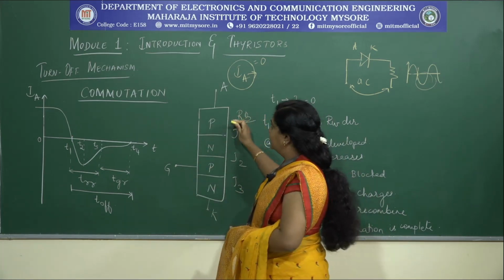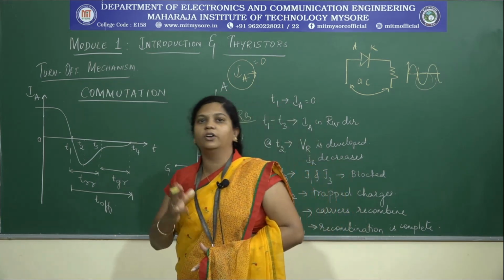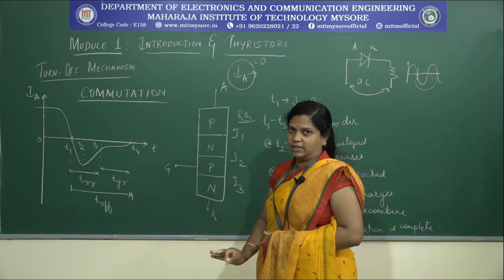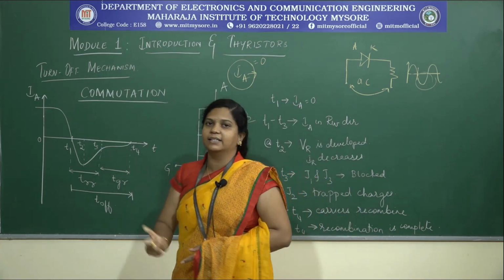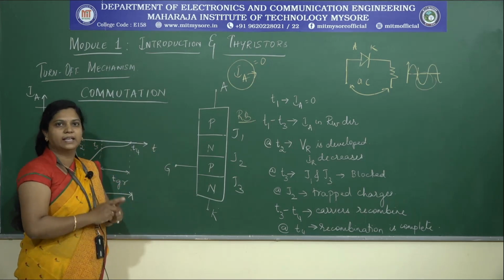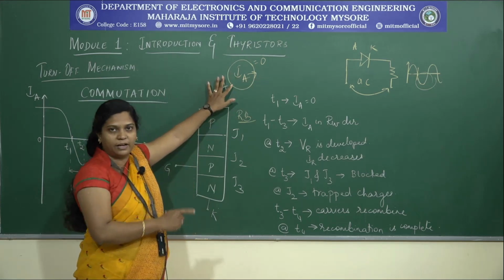Along with this, the anode to cathode forward voltage that you are applying must also be equal to 0. Only when these two conditions are satisfied can we say that the thyristor will be in its off state. The first condition is that the anode current should be reduced.